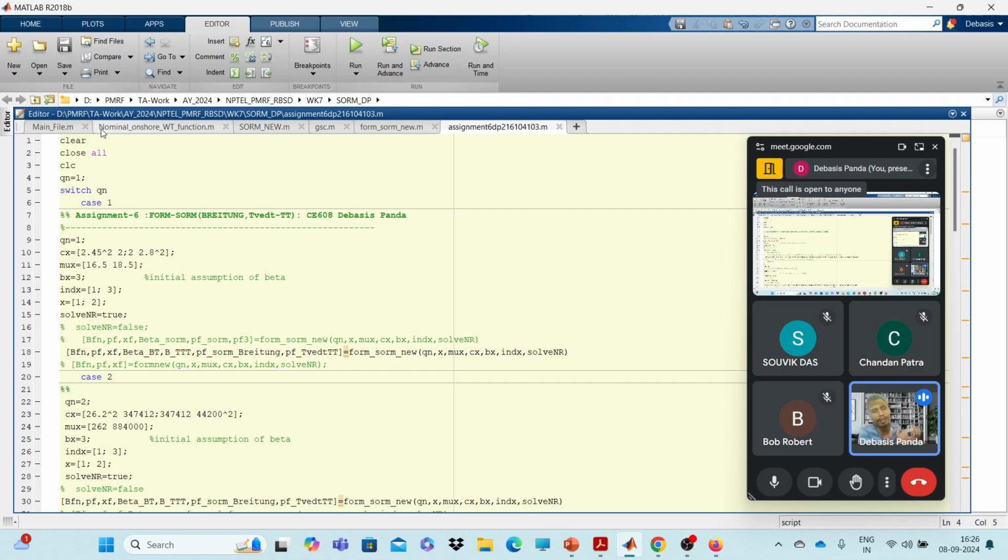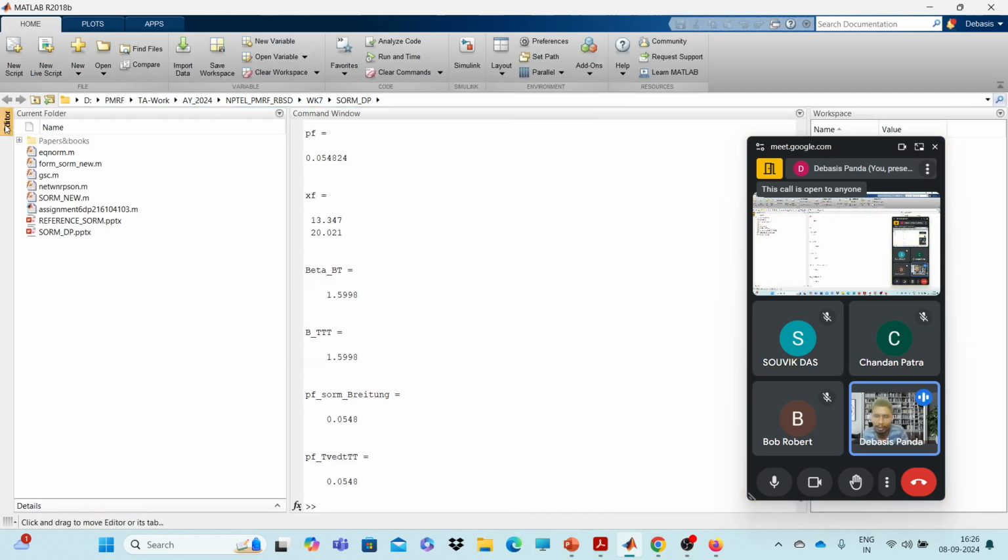Once we get the final alpha and beta values, go to the SORM code using the final alpha, construct the R naught matrix. Once the R naught matrix is done, construct the R matrix using Gram-Schmidt orthogonalization from n minus 1 to 1 row. Then calculate the probability of failure using the Breitung model. Clear? That's all. Now let's see our results. I've already run it, and look, all the values are the same.